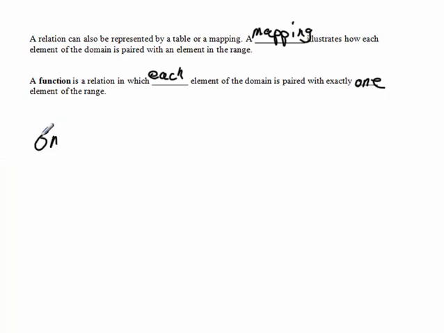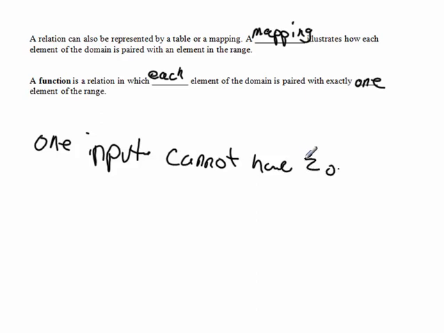So, 1 input cannot have 2 outputs. And that seems to make a little bit of sense to me, especially if we think about a function as a set of inputs and outputs. Well, in the real world, we can put something into a function, and it'll spit out something else.